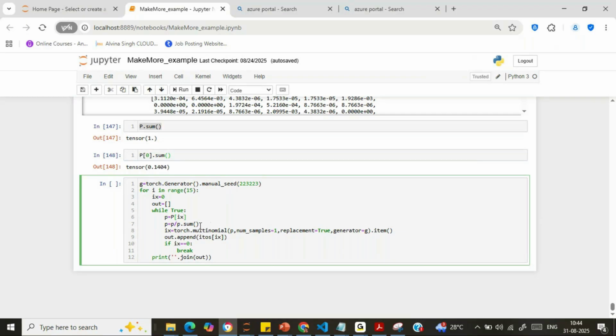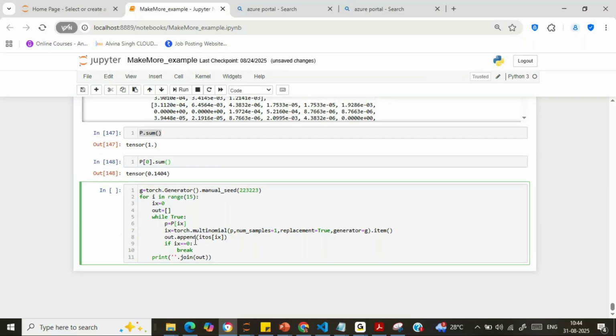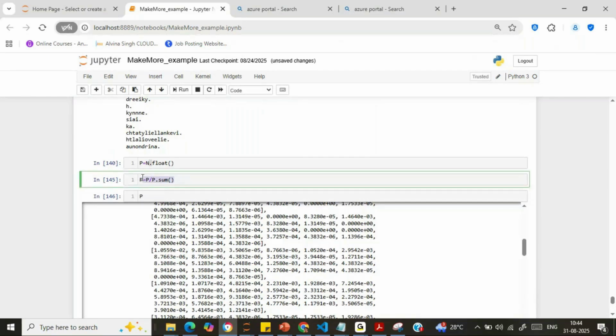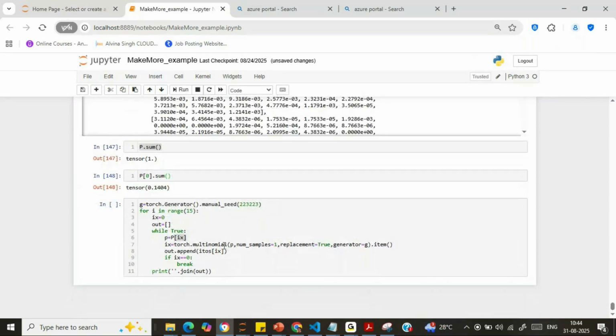And now this can be removed. P of ix, that is this one. The calculation has been done already. So P is taken over here, and the rest will be the same only.